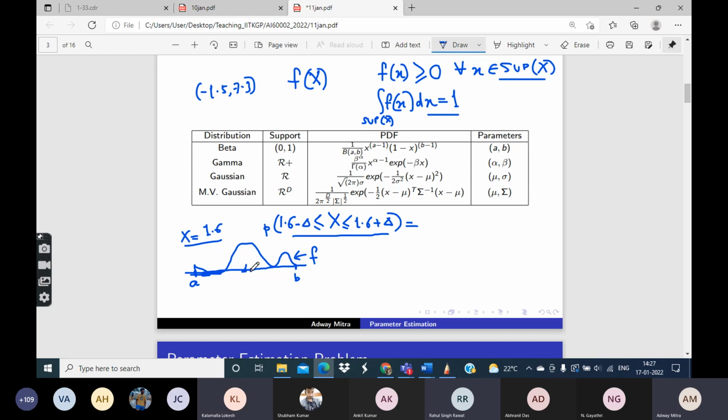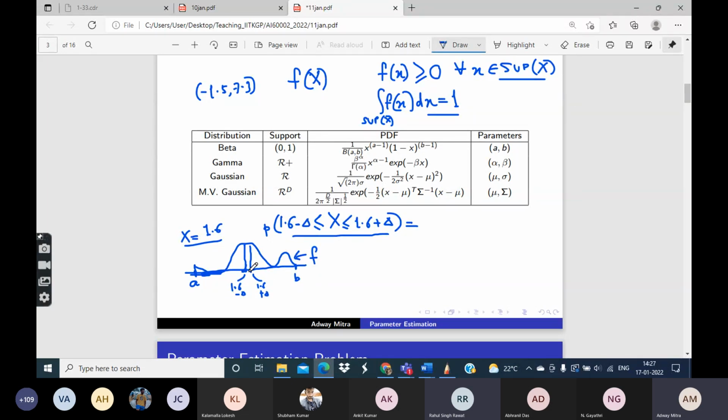So basically we can draw a rectangle like this. This end is 1.6 minus delta, and this end is 1.6 plus delta.